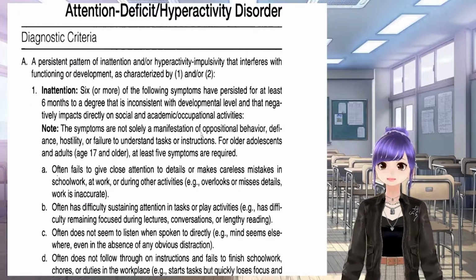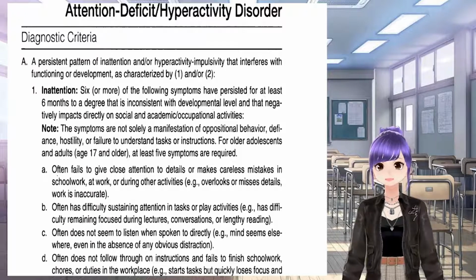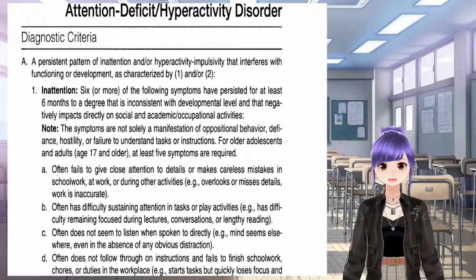What is the diagnostic criteria now for ADHD? Number A, a persistent pattern of inattention and/or hyperactivity-impulsivity that interferes with functioning or development as characterized by 1 and/or 2. Number 1, inattention.